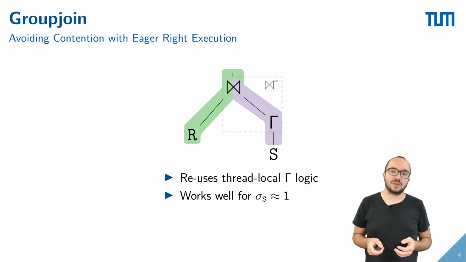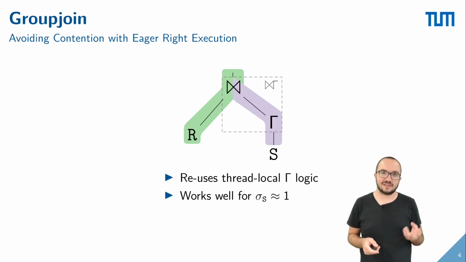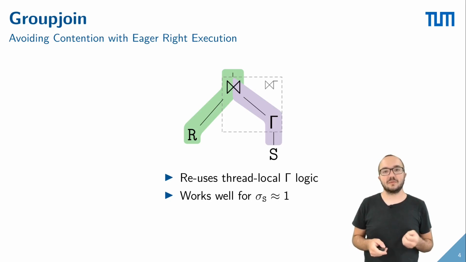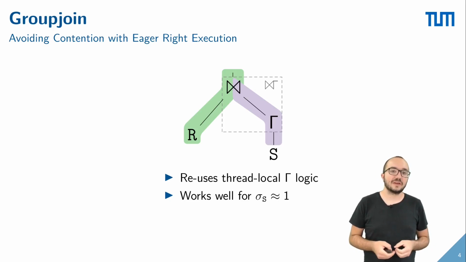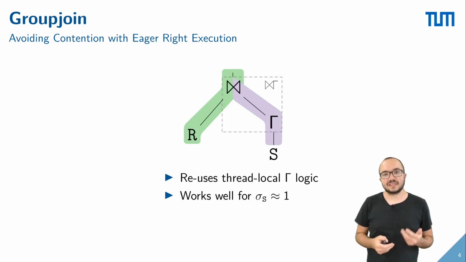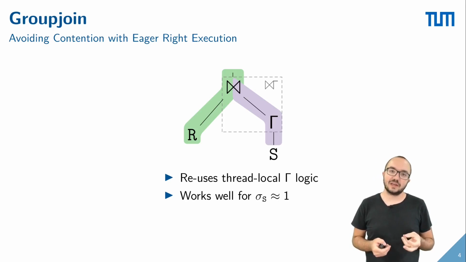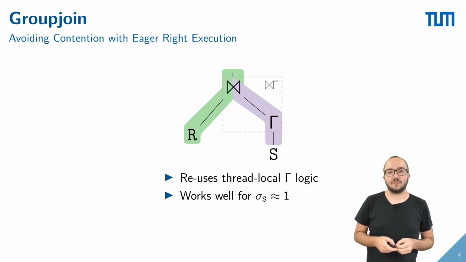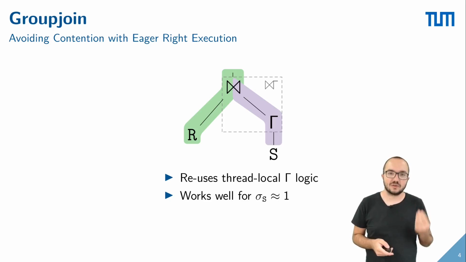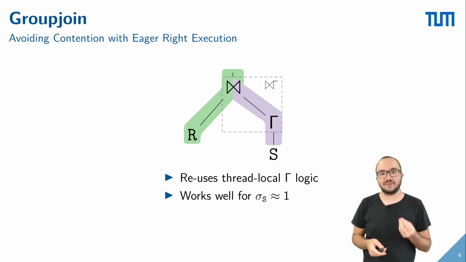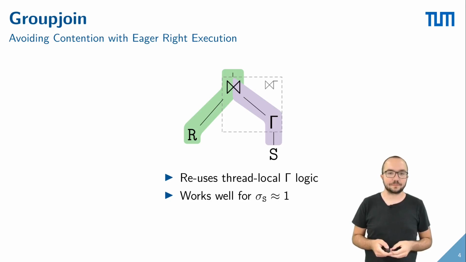So we group thread locally, merge it into a big global hash table, and then probe with the left-hand side. Since we know that the left-hand side is duplicate free in a key foreign key join, we can directly continue on with the next operator and keep the values in registers.